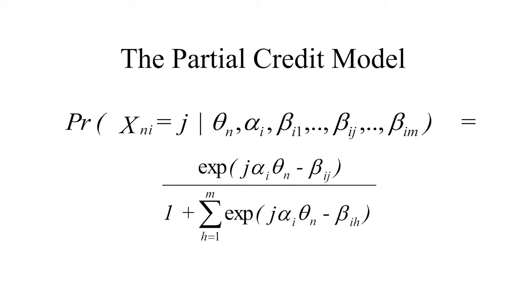And there's a formula, but the important thing is that you still have a unidimensional theta, so the students are still ordered along a unidimensional scale. And you have item parameters, but now many more, not just the difficulty level, but for every response category you have in principle an item parameter. Something like that.